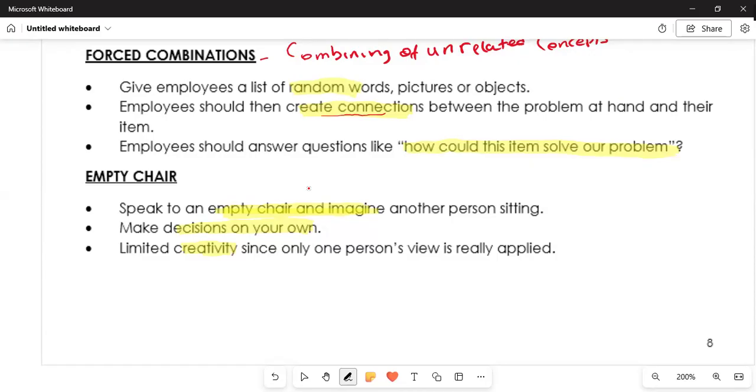Insight generation: you gain new insights and perspective by considering the thoughts, needs and concerns of others. That is also going to help you make decisions on your own. Limited creativity, since only one person's view is really applied. Because it is one person, it limits creativity. So this is the end of the presentation.